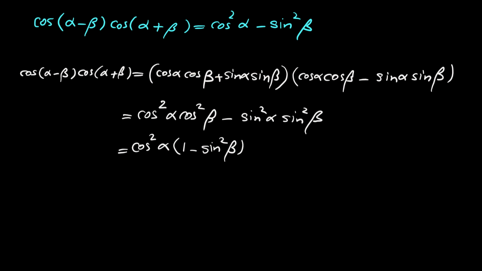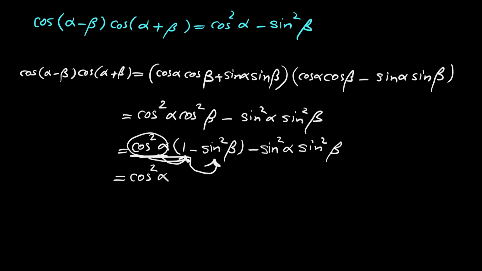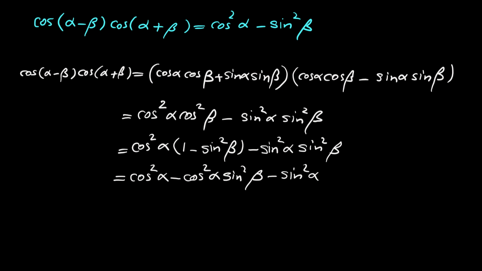So let's continue. I leave this term here, minus sine to the 2 alpha sine to the 2 beta. So we have cosine to the 2 alpha, multiply this in the bracket, then cosine to the 2 alpha times sine to the 2 alpha minus cosine to the 2 alpha sine to the 2 beta minus sine to the 2 alpha sine to the 2 beta.